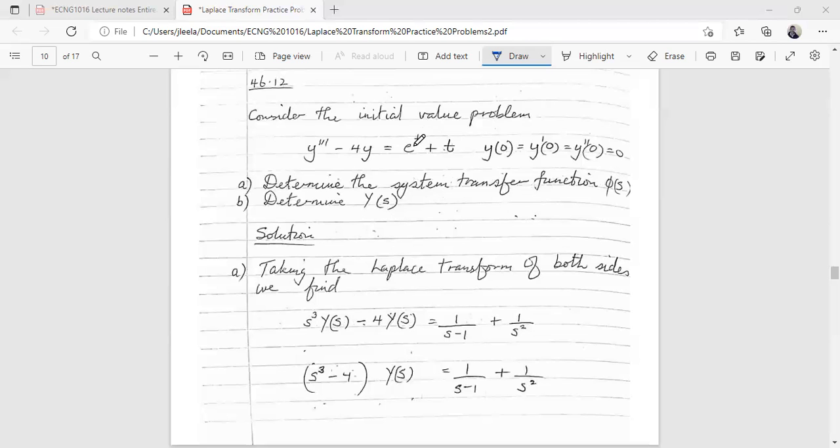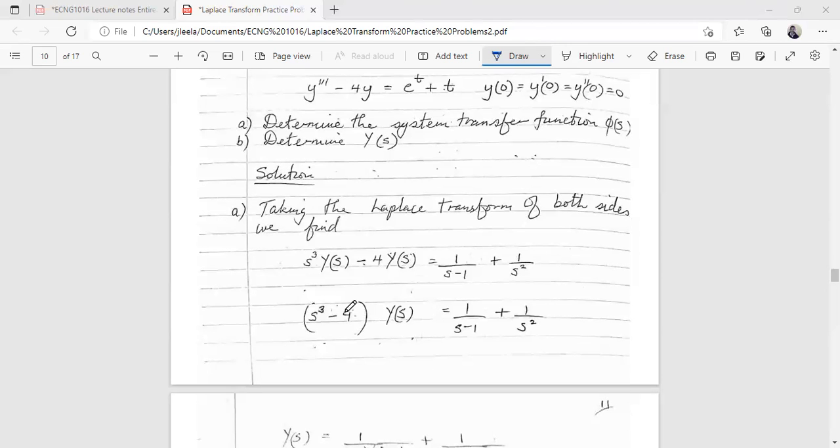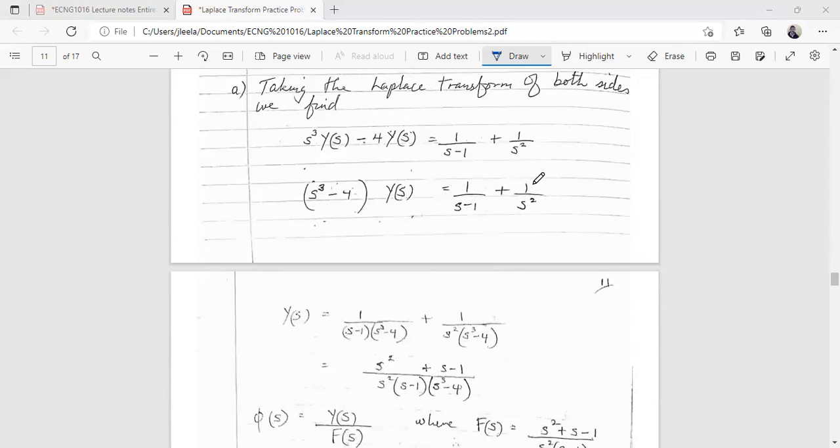Then you take the Laplace of the right-hand side: the Laplace of e to the t is 1 over s minus 1, and the Laplace of t is 1 over s squared. On the left-hand side, you factor out the s cubed minus 4, so Ys is equal to 1 over s minus 1 plus 1 over s squared.